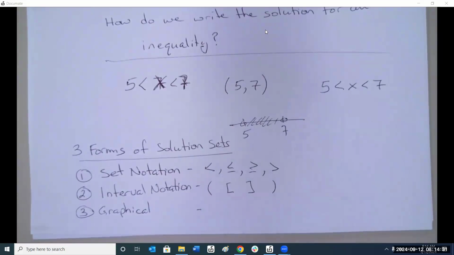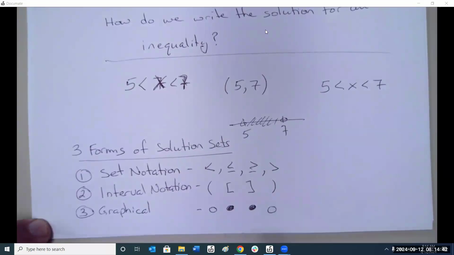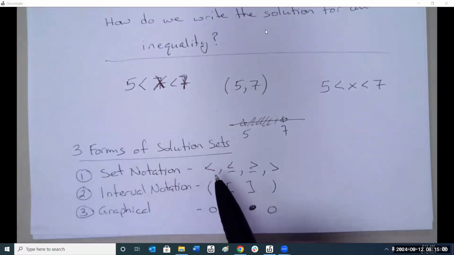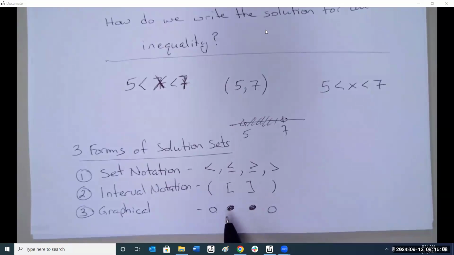With our graphs, we could use the interval notation symbols, or more commonly, we use these to represent our points. For example, if you have an open circle, that means it associates to the parenthesis, which means that you cannot include the number that it's situated at. If it's got an equal sign, then it's the same as a bracket, or on a graph, a solid dot, which means that number can be listed with the solution set.